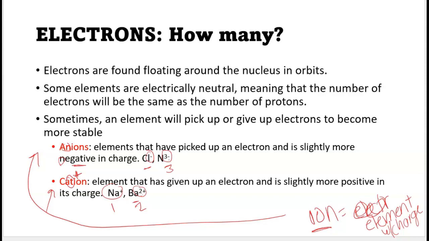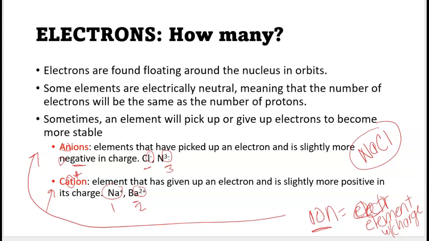So these are positively charged. Positively charged ions are going to give up electrons, and negatively charged ones will pick up electrons. This is going to be really important when we talk about bonding. Like table salt is NaCl. The reason why these two elements will bind together is because opposites attract.